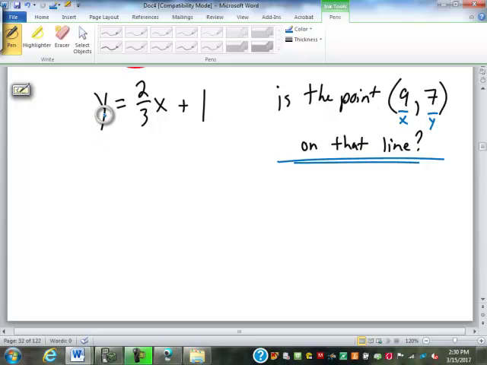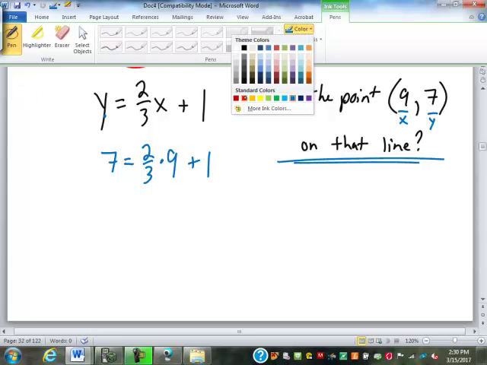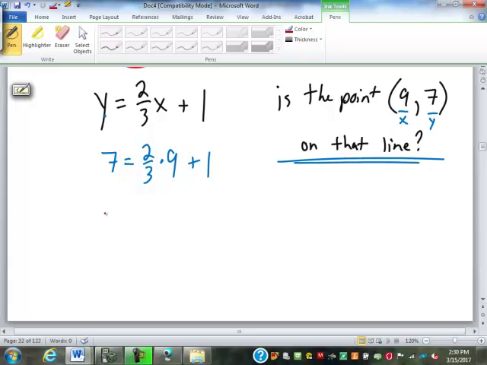So which one would go in for y? 7. Then 2/3 times 9. So then what's our next step? Perfect. 2/3 times 9 is 6.